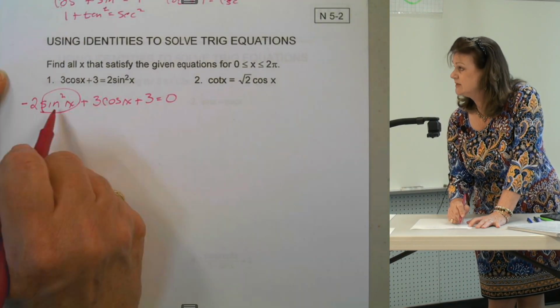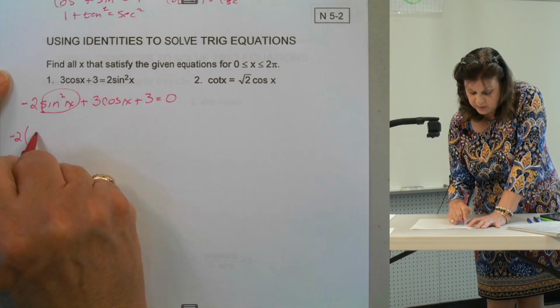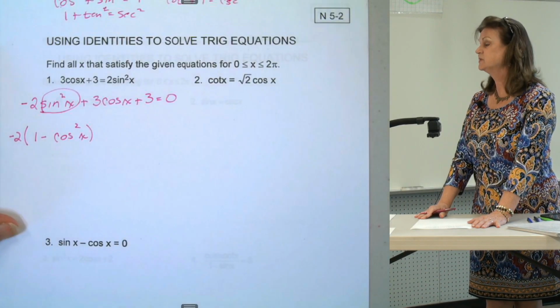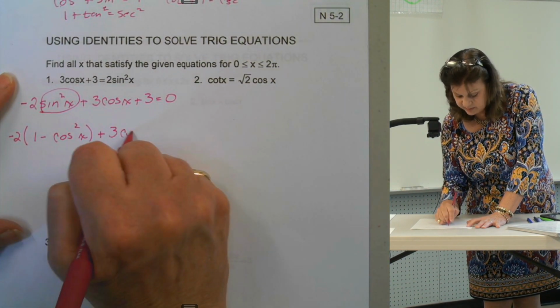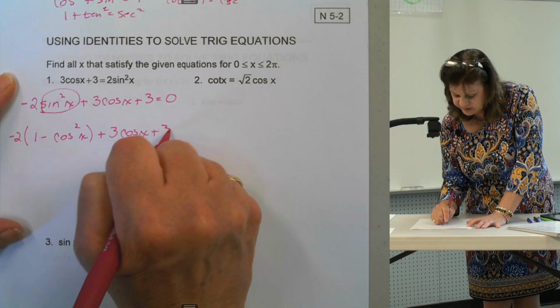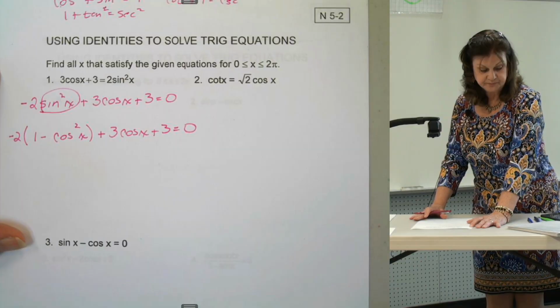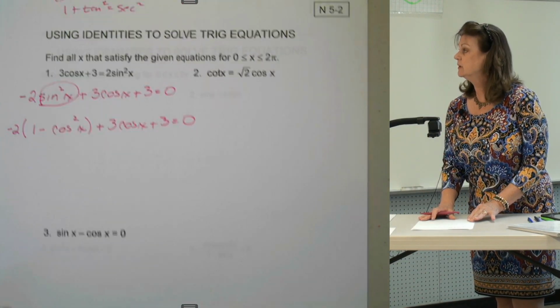So I'm going to replace this sine squared, so I've got negative 2 times 1 minus cosine squared x. There's the substitution. Keep writing the problem. Plus 3 cosine x plus 3 is 0. All right? Now I've got all the same terms in my equation. Now I can work with that.